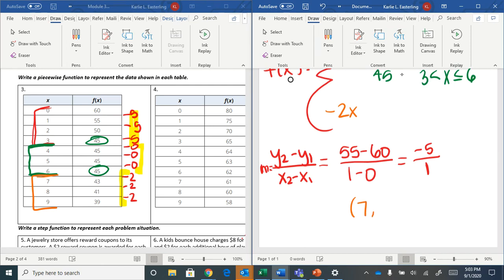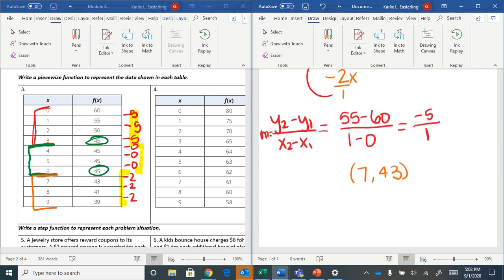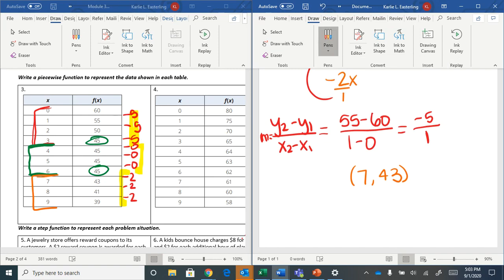So we'll go from the point (7, 43). In here, we're going to have to go down a lot of points to get to our y-intercept because we're at 7. And if we were looking at our y2 over x1, so our y value is negative 2 and our x value is 1. So we're having to go down by 1 each time to get there. Let me scroll down a little bit. So let me leave that there actually.